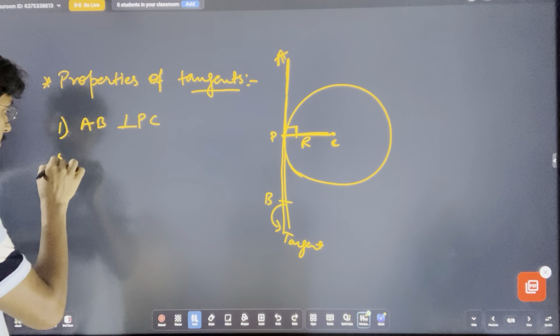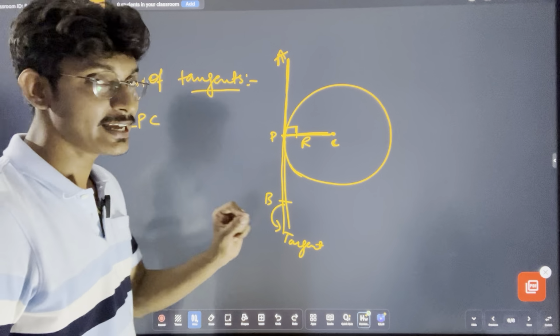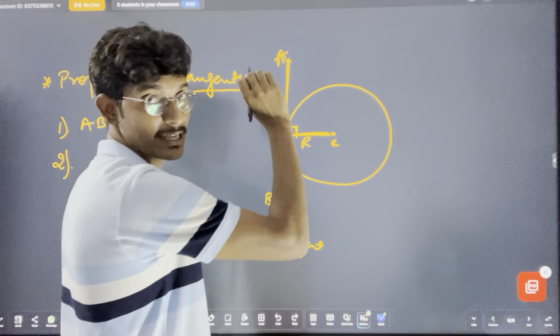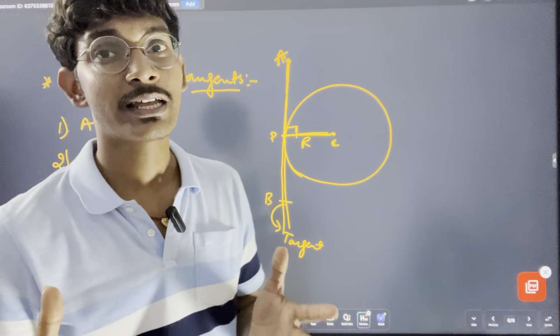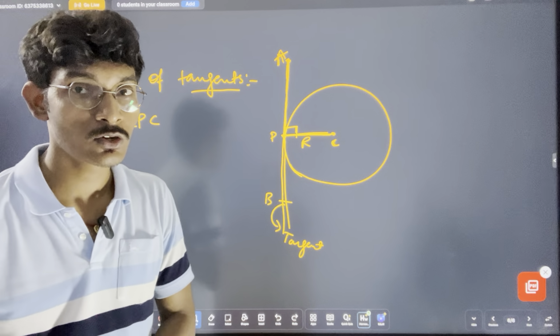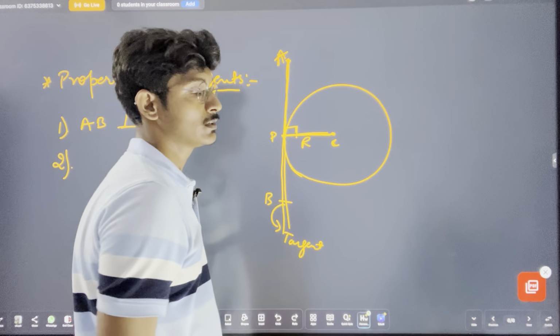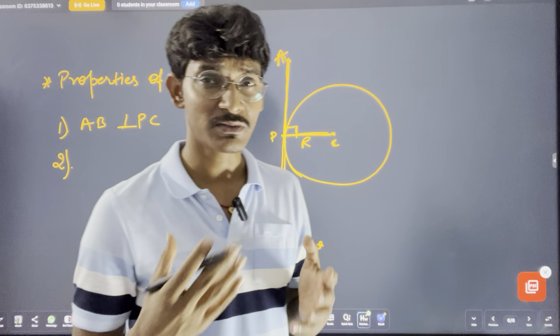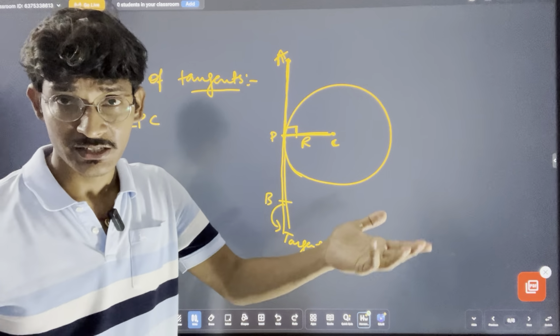Another property is, if we take any one point, like point A, how many tangents can be drawn? Think, how many tangents you can draw from this point? Try to do it yourself, take some time and try to draw other tangents as well.